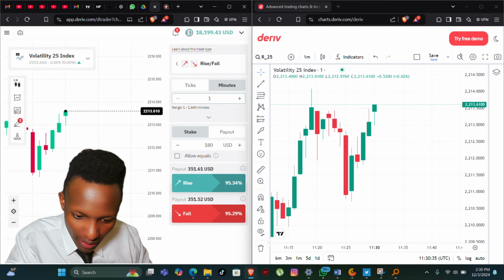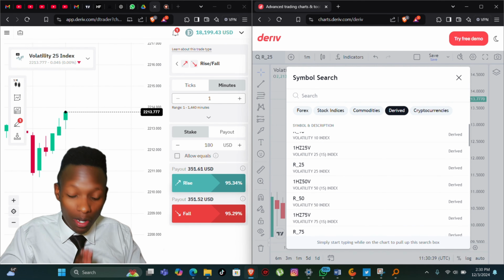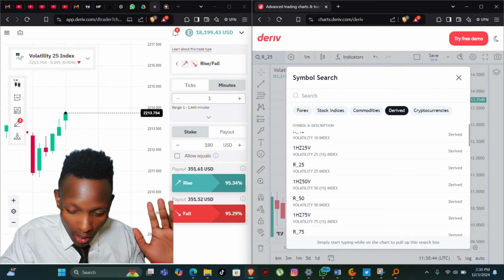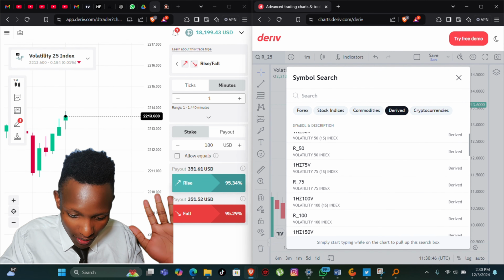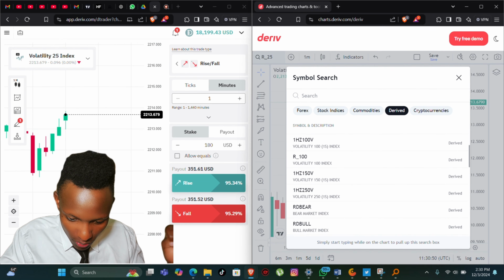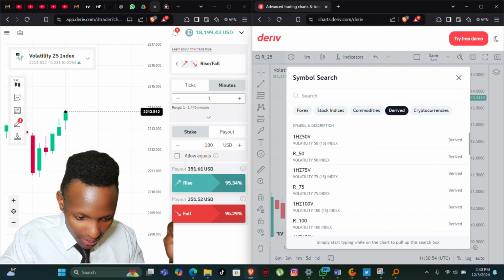I don't know if I have any market that has that condition met, but that is how you're supposed to do it. I want to show you a simple way on how to execute and follow the time frame quite closely. So I'm going to look at volatility, probably volatility 75.